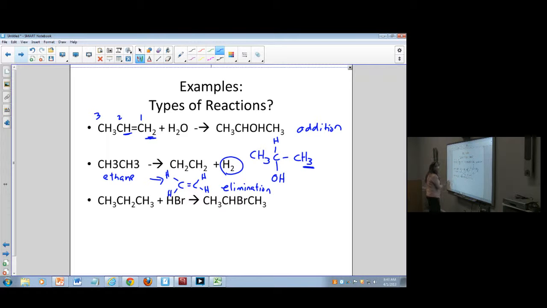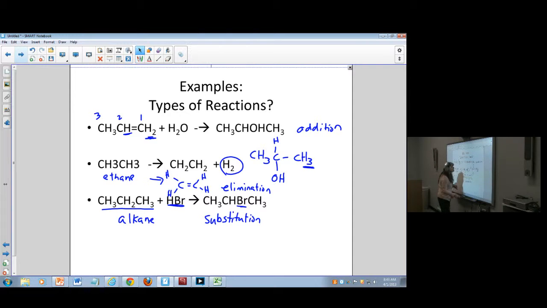And in this case, what have I done here? I've taken an alkane and I've added a bromine to it, and this is a substitution. A substitution. So you should be able to recognize these types of reactions when we start looking at our functional groups shortly.